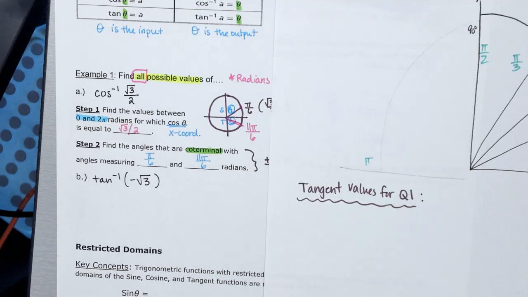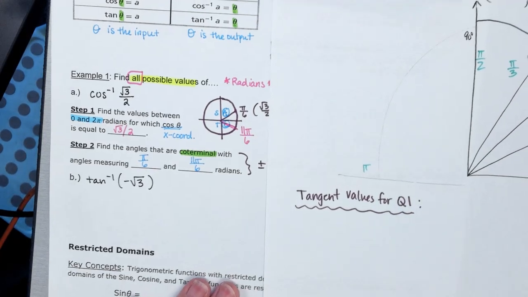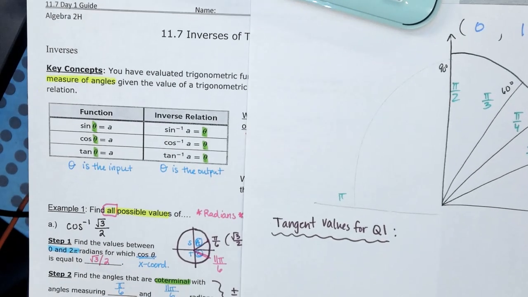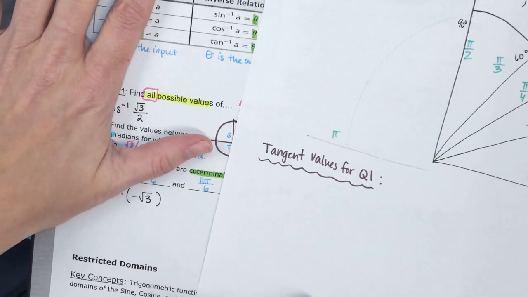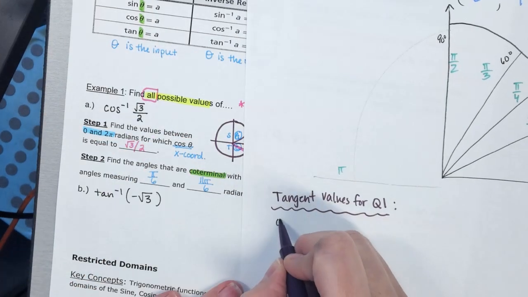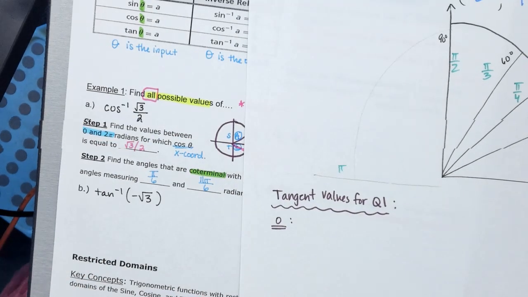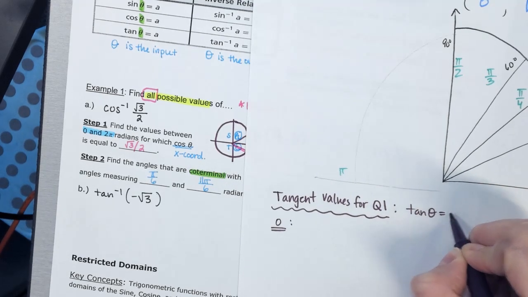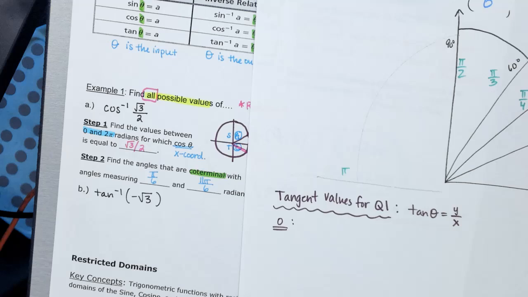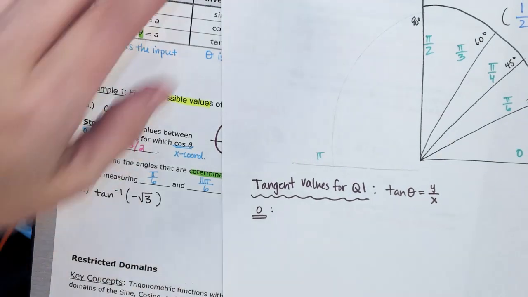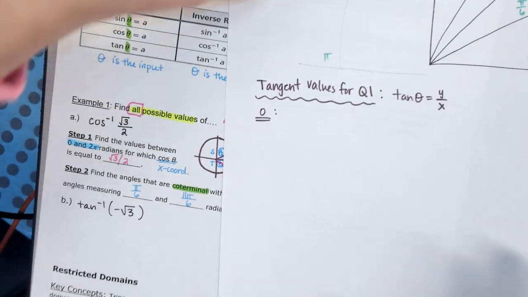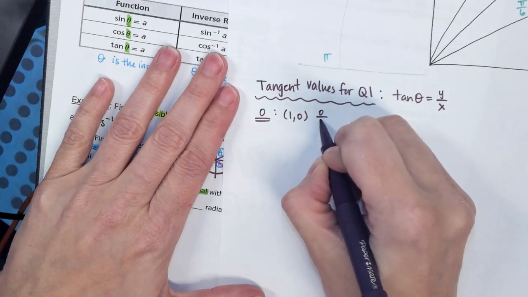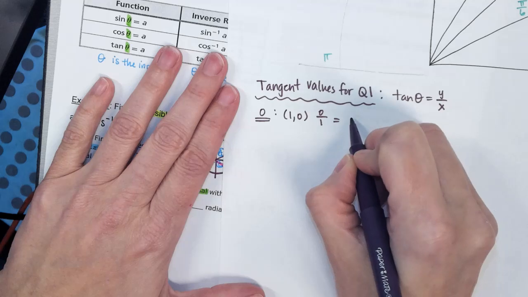You only have to do it for quadrant 1 because everything else goes from that pattern. Okay, so starting with 0, if we find the tangent of 0, remember, the tangent of theta is y divided by x. So at 0, your point is 1 comma 0. 0 divided by 1 is 0.